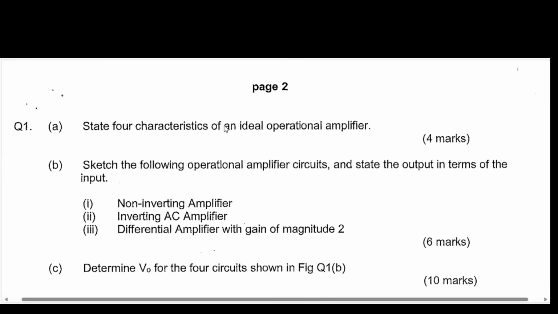I gave you 2, and the other ones are zero output impedance on the output side, infinite input impedance, infinite open loop gain, and no current is taken into the inputs. Those 4, just memorize them.